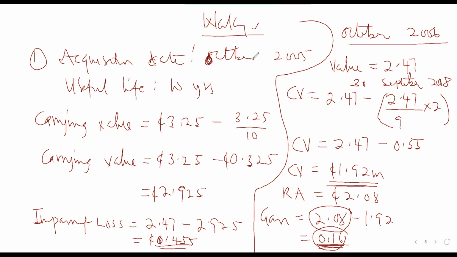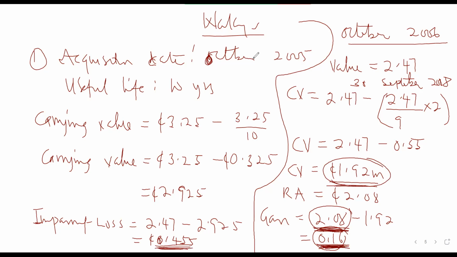So we are going to reverse 160 and add 160 to the PPE, because in the PPE is 1.92, but at the reporting date, the value has now increased to 2.08. So we need to go and add the difference to the PPE and reverse this part of the impairment. The impairment that was taken to profit or loss was 0.455.